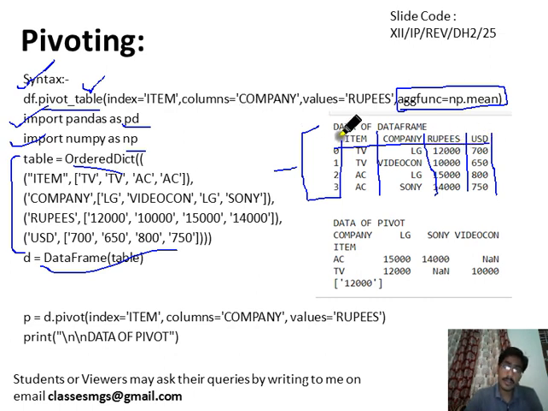Now using the pivot method, or the pivot table method, we want to reorganize this data. Pivoting generates a new data frame. The data will be the same, but the perspective will be different. The way we are looking at the data will be different.